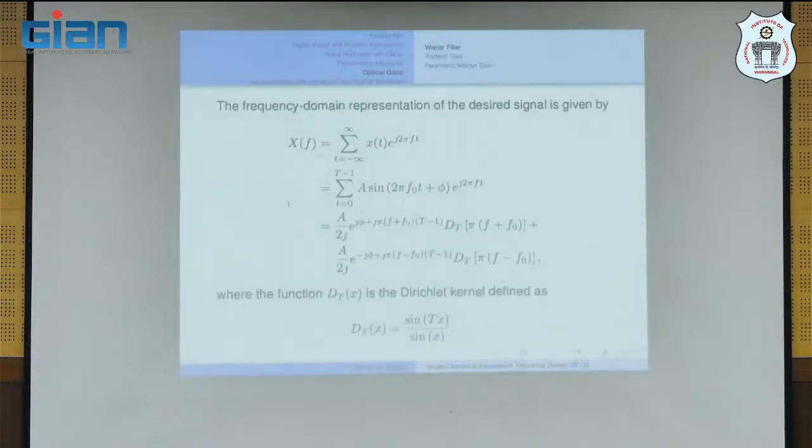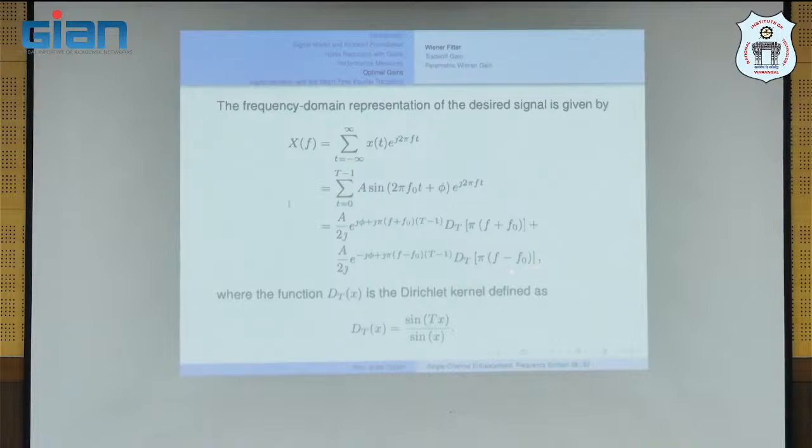First, regarding the spectrum of the signal. Let's talk about the Fourier transform of our signal, x(t). x(t) is a sine function like this, and we compute the Fourier transform over a certain length of the signal, from 0 to T minus 1. So we have capital T samples of the signal. If we compute it, we get this.